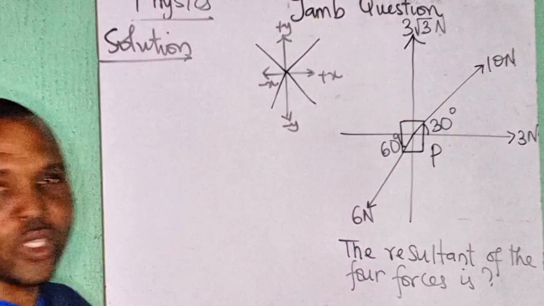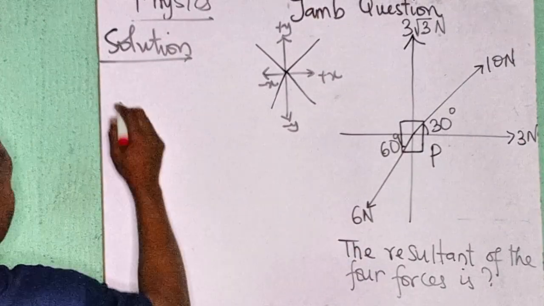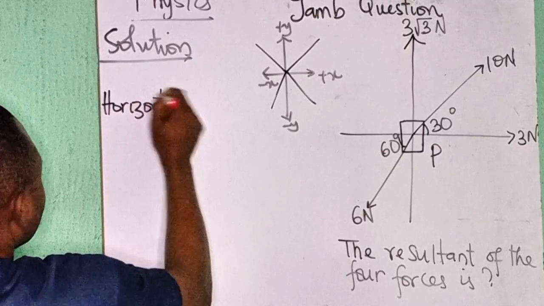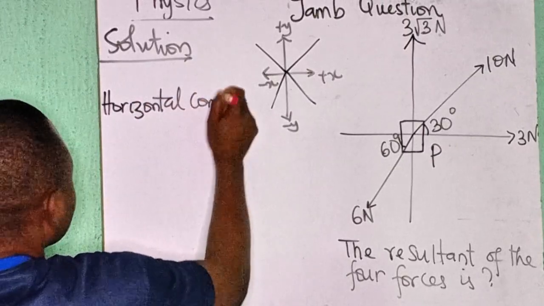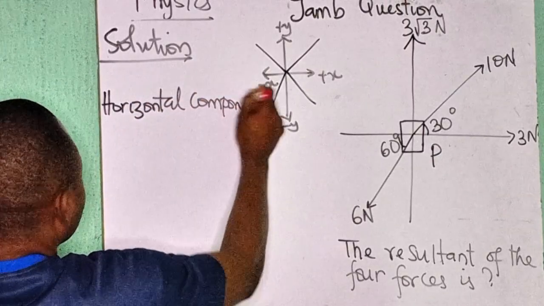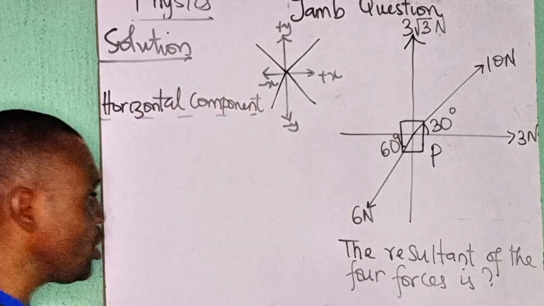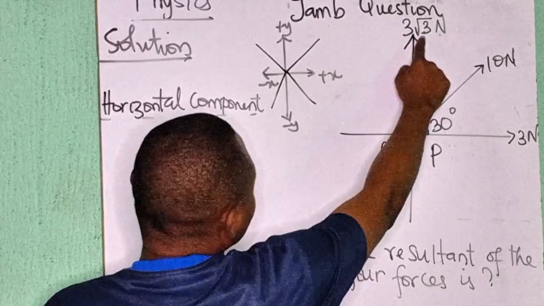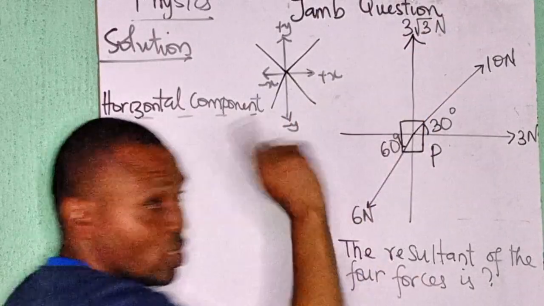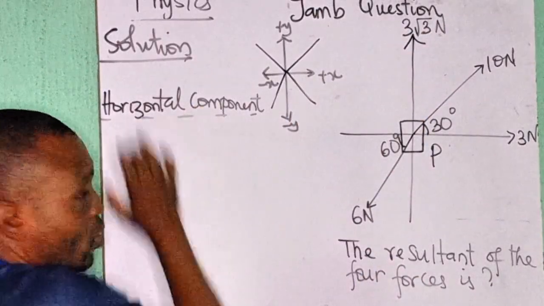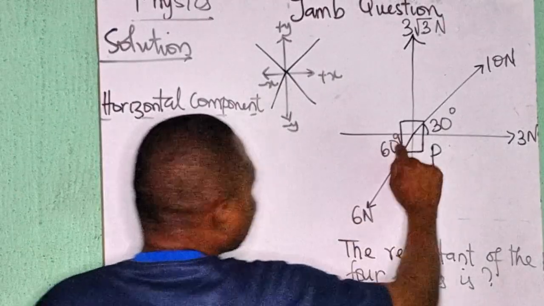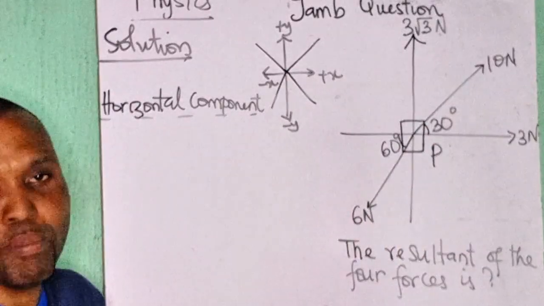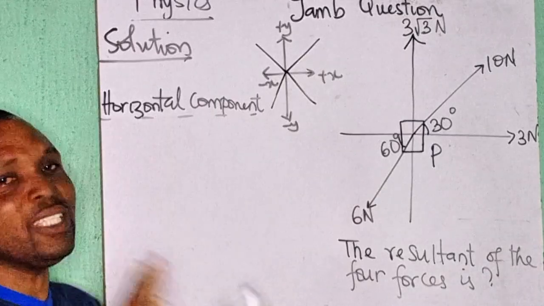Now let us solve the question together. Let's start with the horizontal component. The 3√3 is vertical, so I won't be touching it for now. The slanting forces, the 10 Newton and the 6 Newton, are resolved both vertically and horizontally.